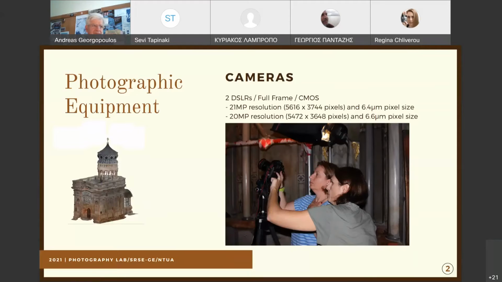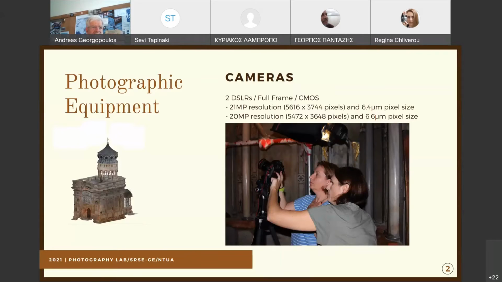I will start my presentation by showing you the photographic equipment that we chose to use against all odds we had to face inside and outside of this monument in order to achieve the best possible results. First of all, I'd like to refer to the cameras.